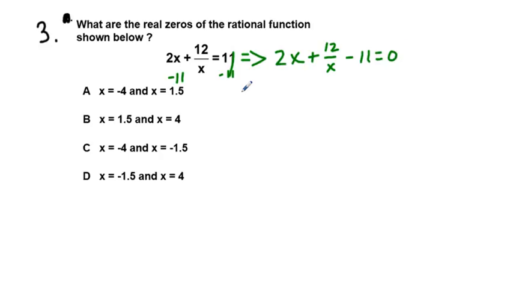Now we can graph this function as f of x equals 2x plus 12 over x minus 11. When we do that, we can see where the graph touches the x-axis, and that will let us know what our real solutions are.